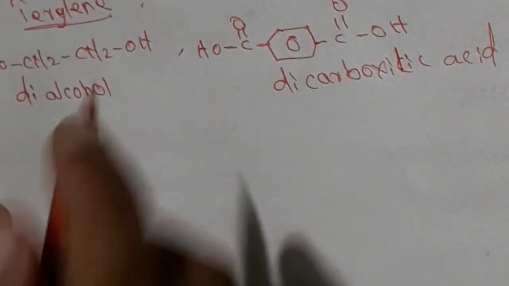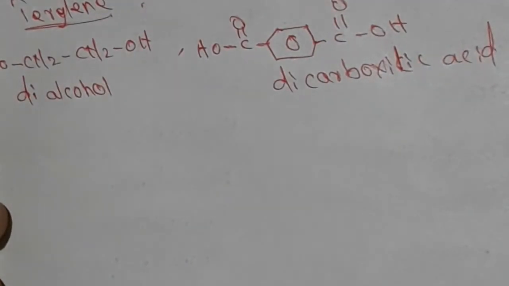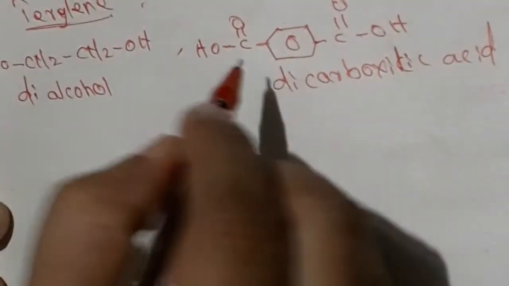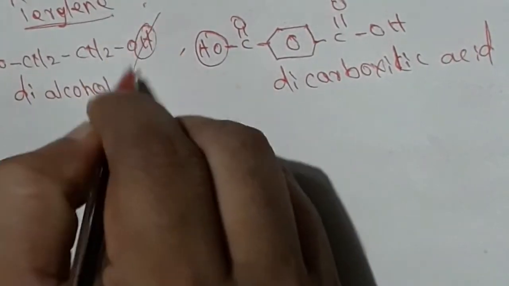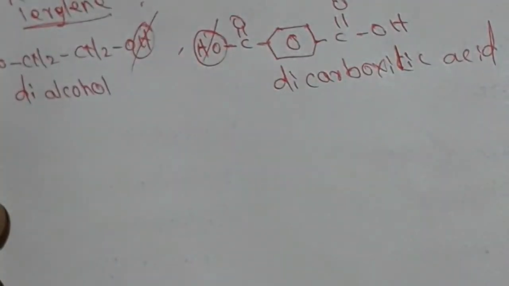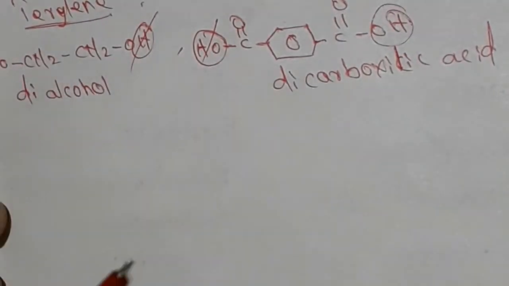Look here, these two compounds combine to form terylene. I told you before, when we make ester, from carboxylic acid OH and from alcohol hydrogen will be removed. This hydrogen and OH combine to form water molecule. Water molecule will be eliminated. Okay. And also from here this OH and this hydrogen will be removed.